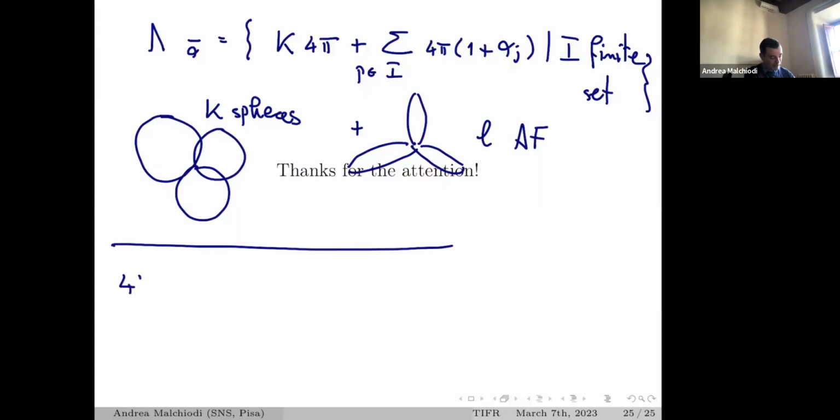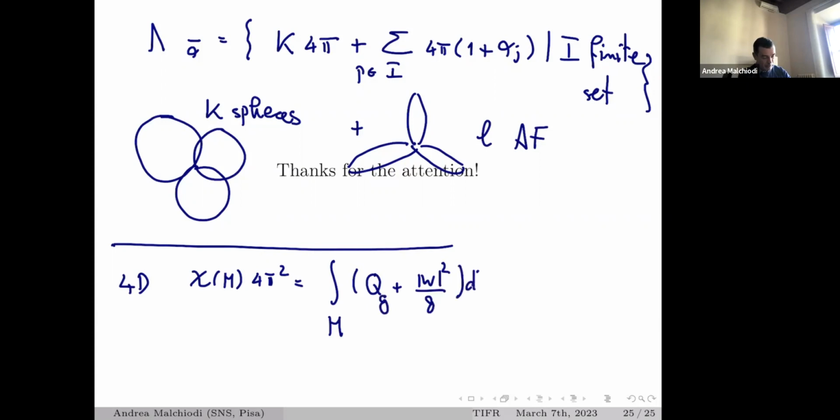The Chern-Gauss-Bonnet theorem tells you that the Euler characteristic times 4 pi squared is equal to the integral over the manifold of the Q curvature plus the Weyl tensor squared over 8. So in 2D, you only have the Gaussian curvature, but in 4 dimensions, you need to take into account also the Weyl tensor. So if you consider conical points, then you might have a similar interpretation.